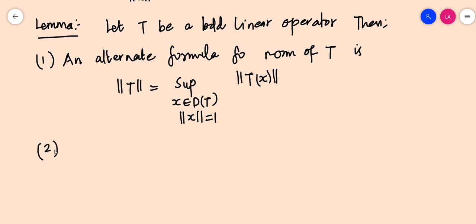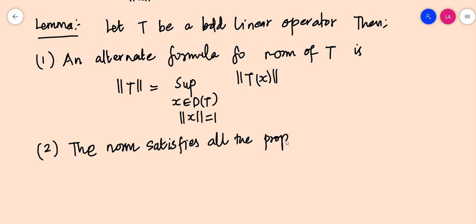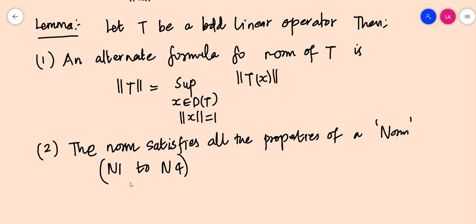And the second condition is that the norm satisfies all the properties of a norm, the properties N1 to N4, which we have used to define what a normed space is.